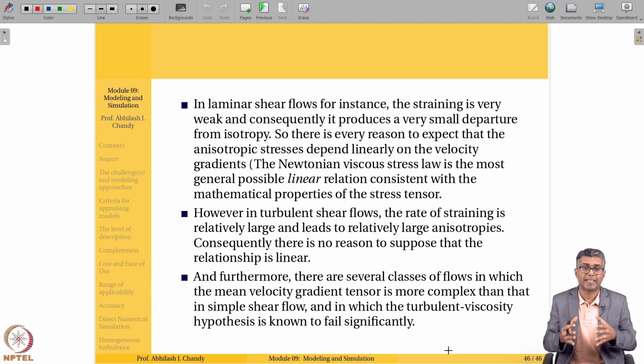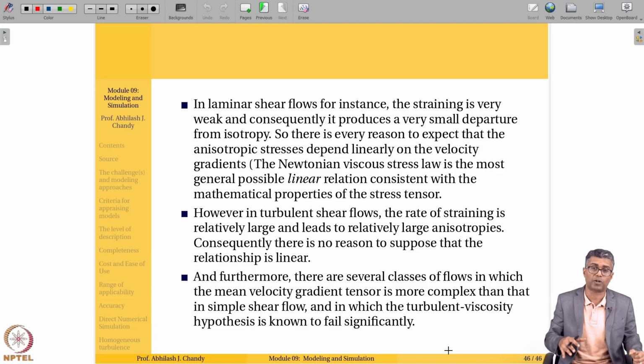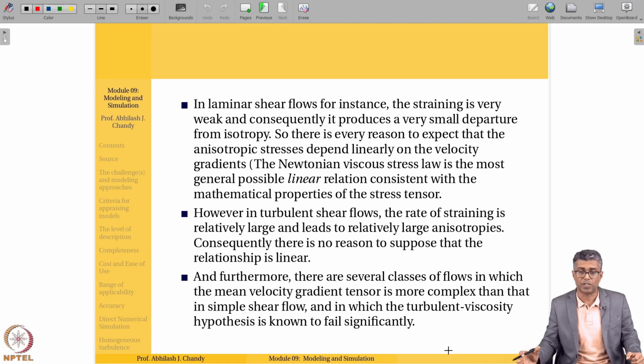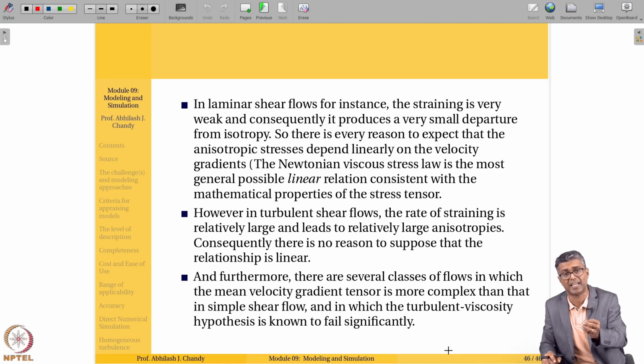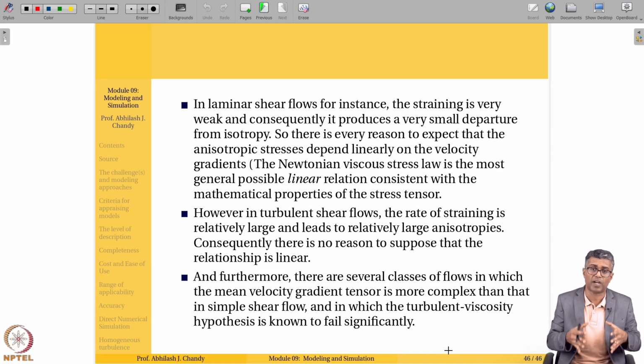Looking at how much cost is spent on resolving the scales in the dissipation range, that led us to think that we need to come up with alternative approaches like LES that spend most of their cost on the large scales.